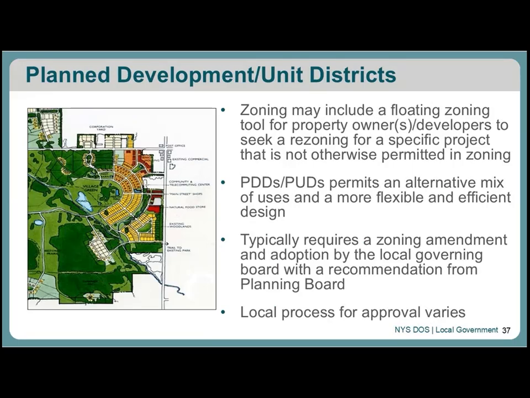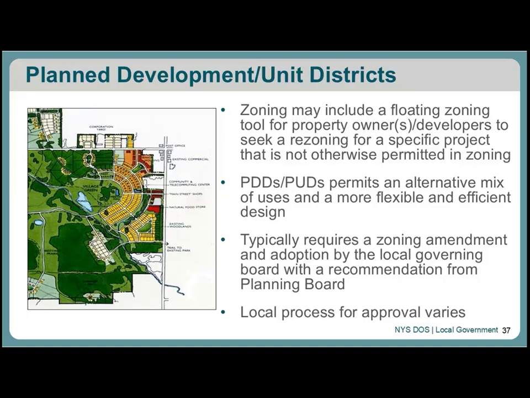This tool usually comes with a set of criteria that are necessary to achieve for the tool to be used, such as minimum land area, or they might only be allowed in certain underlying zoning districts. And what's important here is the process has to be spelled out in your zoning law.